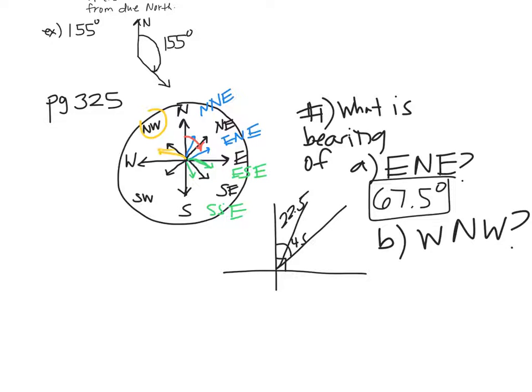That makes sense. West, northwest. Okay, so what you can do is, what color should I use? I'll just use yellow. We're looking for the angle from the north all the way around to west, northwest. Do you know what that angle is? 292. Good job. That was fast.